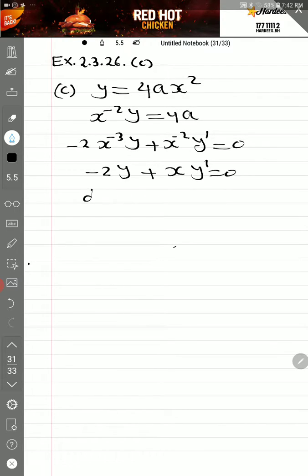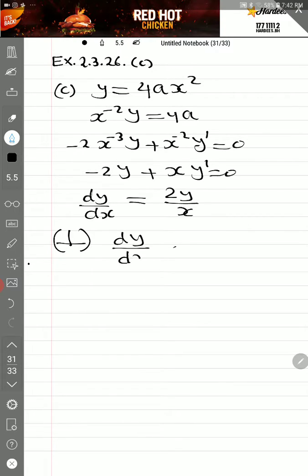Find y prime, just 2y over x. Now the most important is you write the orthogonal, and don't forget to find the slope of the orthogonal family, which will be minus x over 2y. As I said, the product of the two of them will give you minus 1.